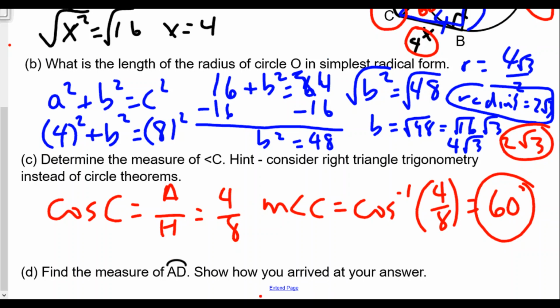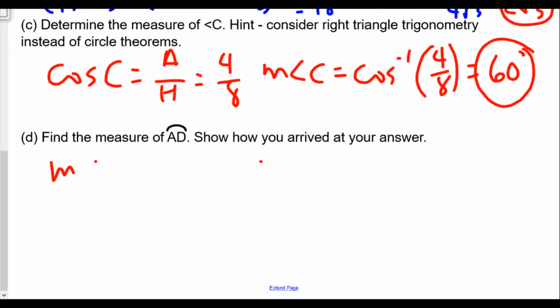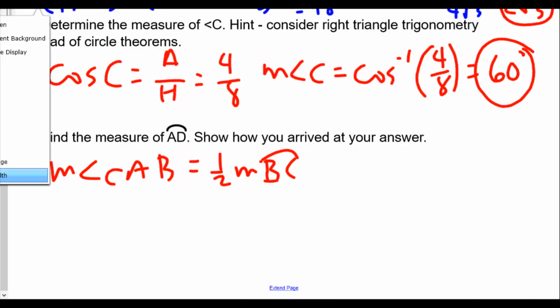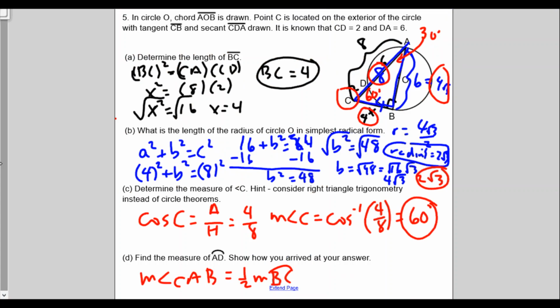Okay? So if angle A is 30 degrees, let's write this down: the measure of angle CAB equals 1/2 the measure of arc BC, because the measure of an inscribed angle is 1/2 the measure of the arc intercepted. Let's take a look here.